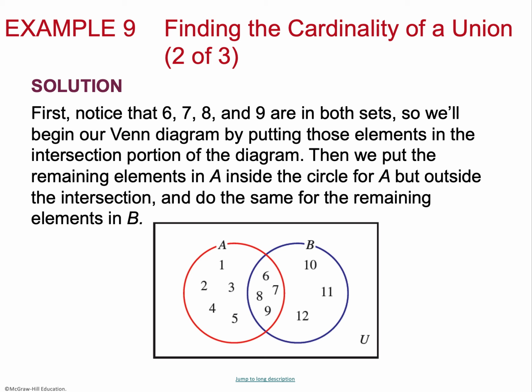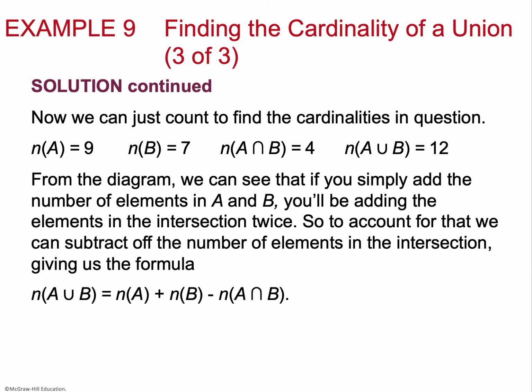And I'm going to put all the numbers in B that are outside of the overlap of A and B inside the blue circle, but not in the overlap. And I notice there's a pattern here. So from the diagram, if I'm purely looking at the number of items in the set, I have 9 in A, 7 in B, 4 in the intersection, and 12 between both sets.